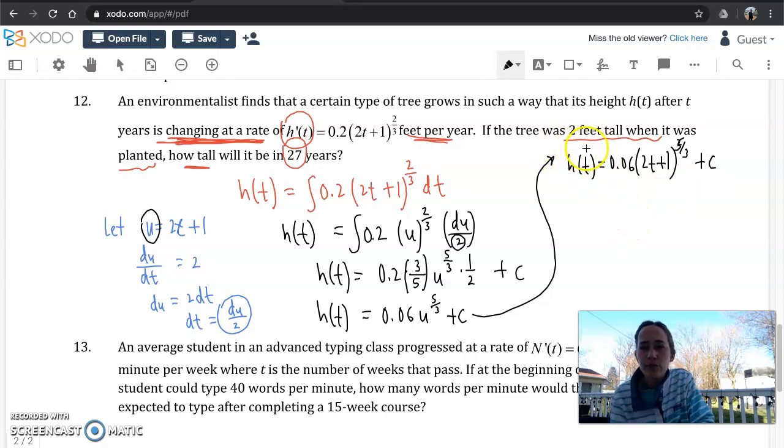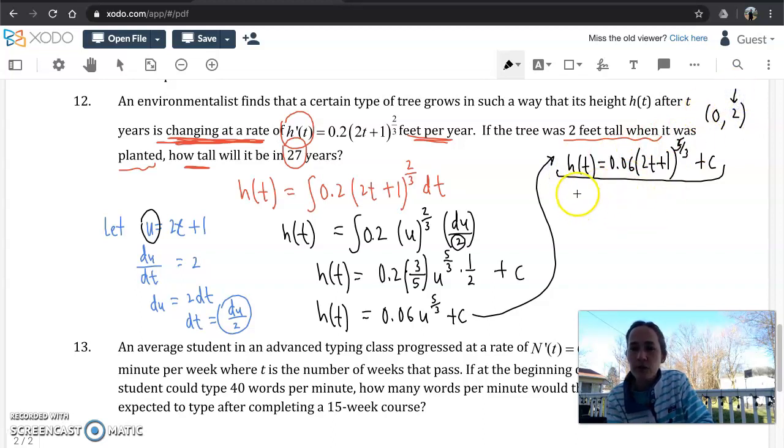Okay, tree was 2 feet tall when it was planted. That should be our initial condition to get us C. When 0 years had passed, the tree's height was 2. So we could plug in 2 for the height when t is 0. So 2 times 0 plus 1 to the 5/3.